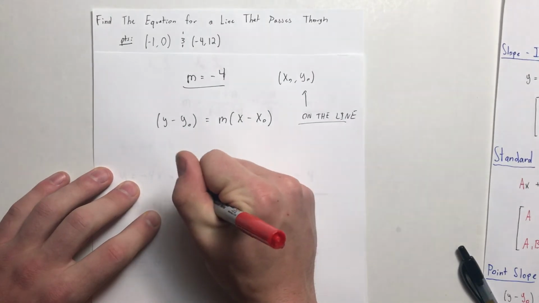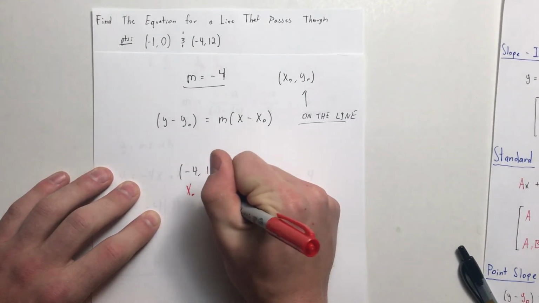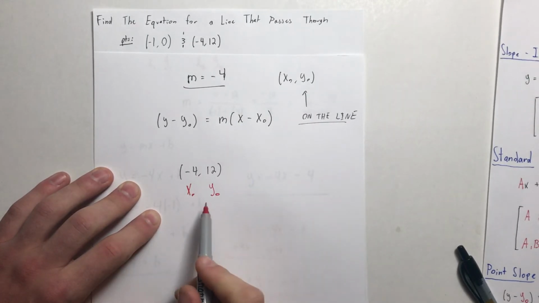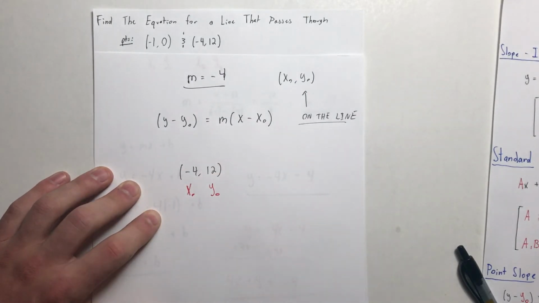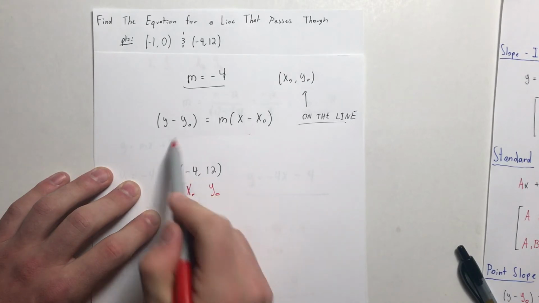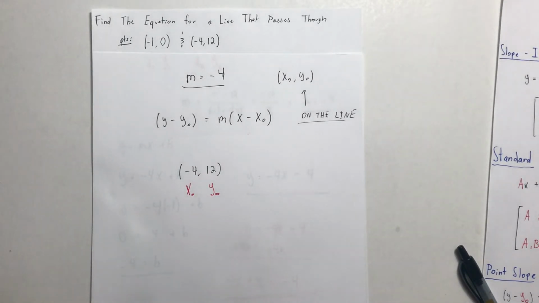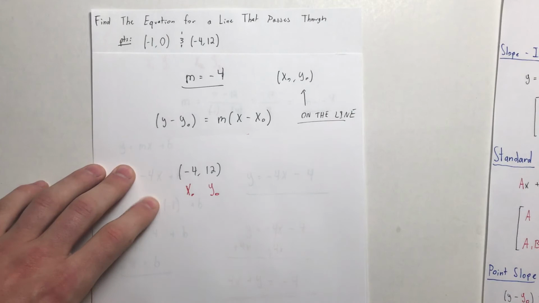So I'm going to label this point x naught, and this point here y naught. So I know what my x naught is, I know what my y naught is, and I know what my slope is here. So now it's just about plugging it in to this form in order to get the full point slope form of this line.